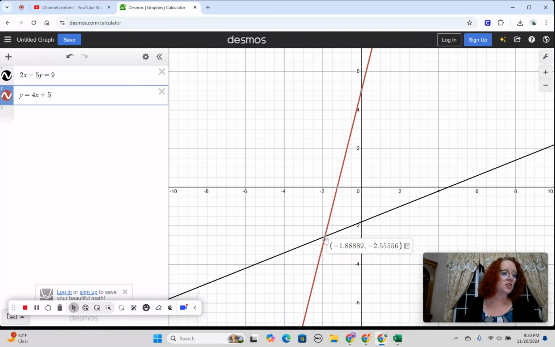Other options include solving an absolute value equation and graphing inequalities. It's wonderful to be able to graphically see the solution set. So here's an example.